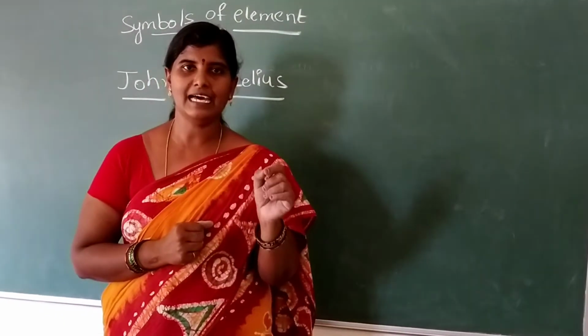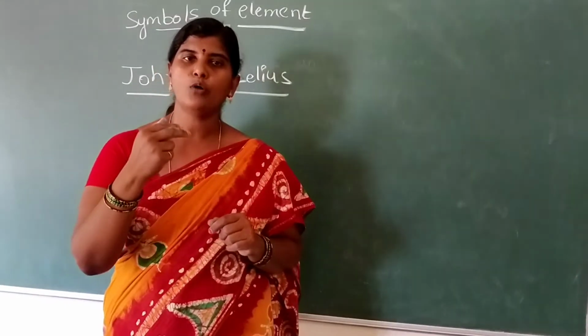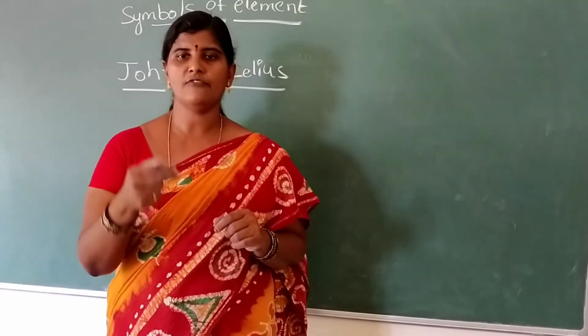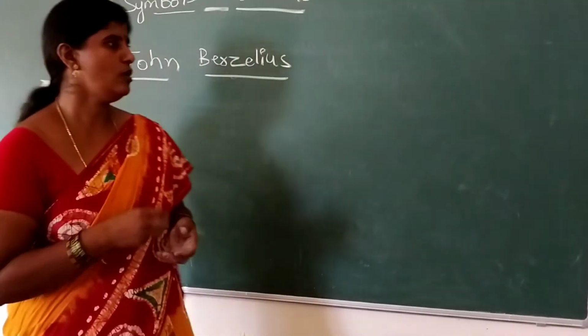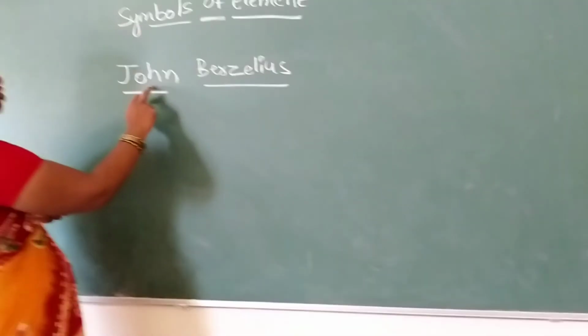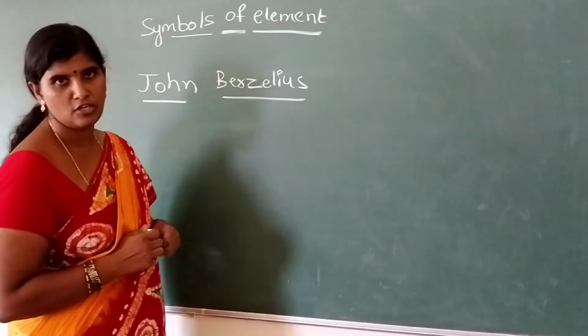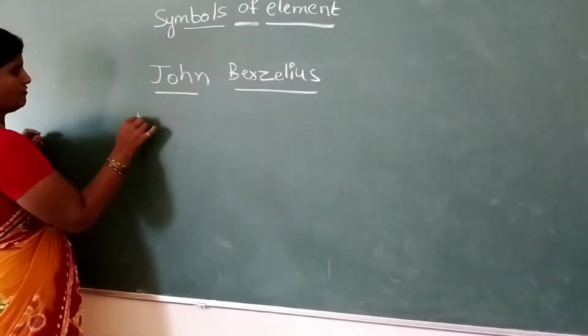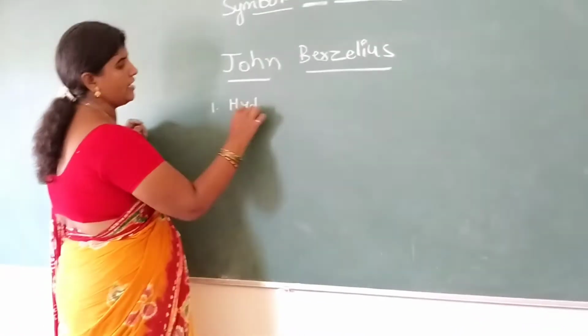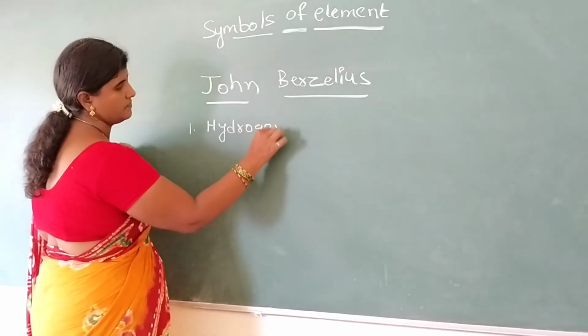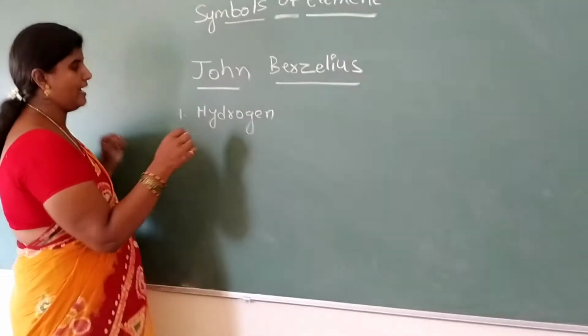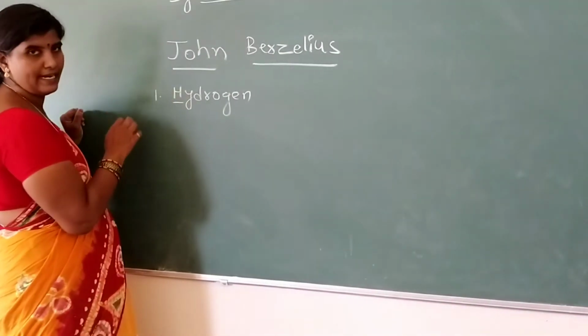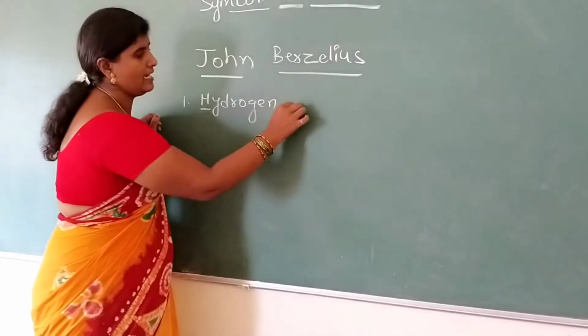So let us learn some examples of how to write the symbols of elements. The scientist who explained this is John Berzelius. For example, the first element in the periodic table is hydrogen. It can be written with the help of the starting letter. What is the starting letter?